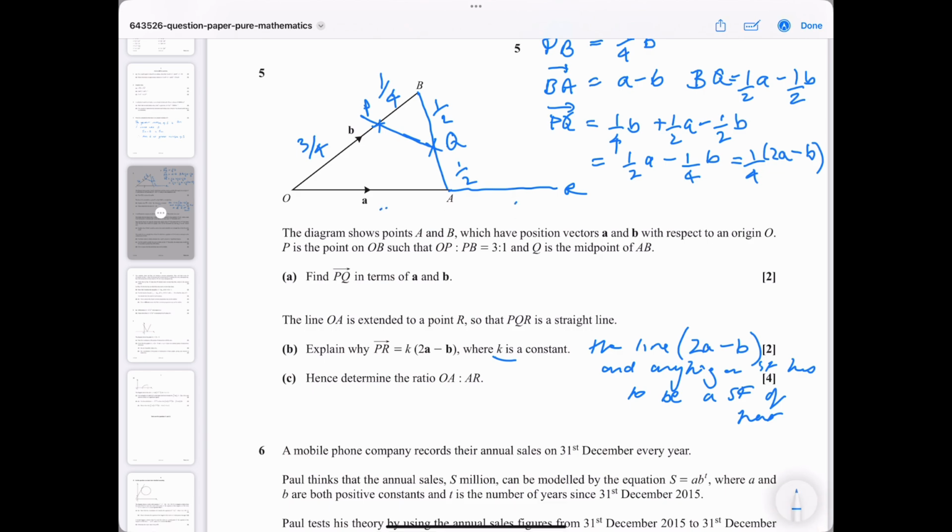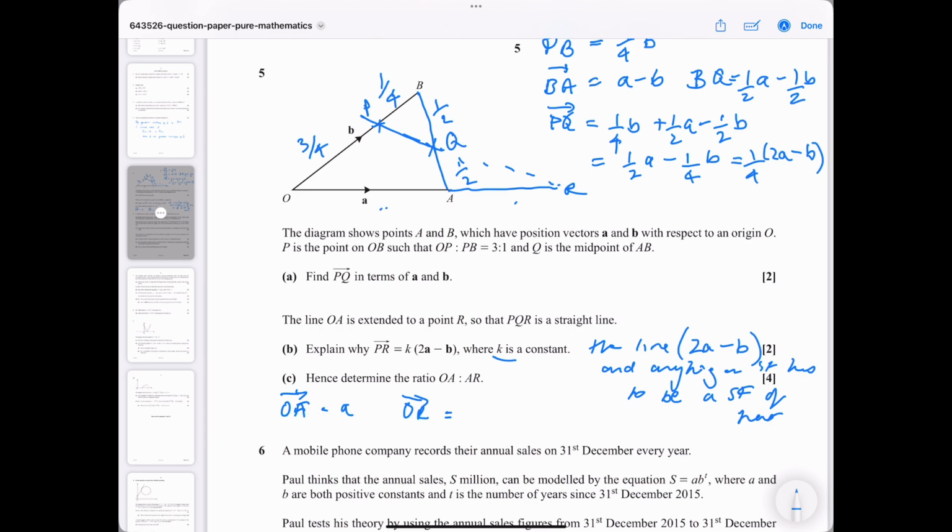So if we know, so our O to A is a. And O to R is a plus, actually I can go round.